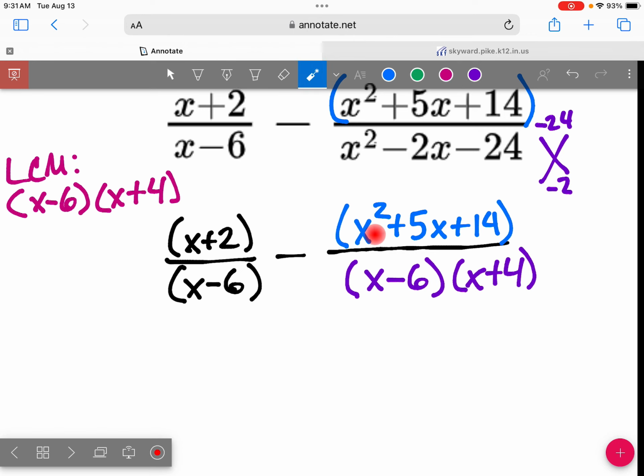So do I need to multiply this fraction by anything? No. What do I need to multiply this one by? X plus 4 over x plus 4. When we are doing addition and subtraction, we're going to leave our denominators in factored form, but we do need to multiply out the numerators so that we can do the addition and subtraction.